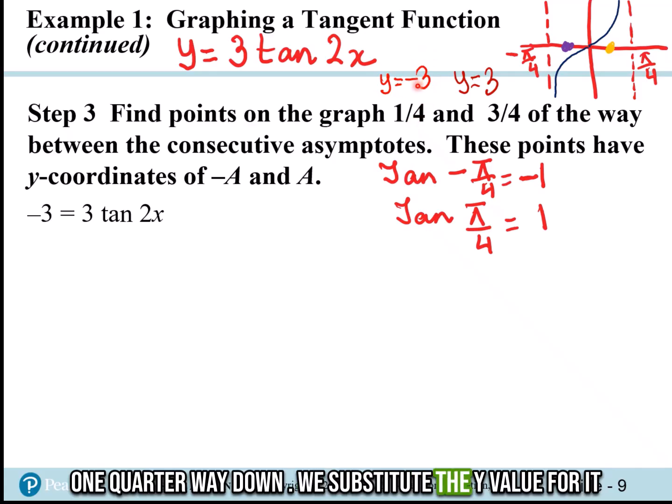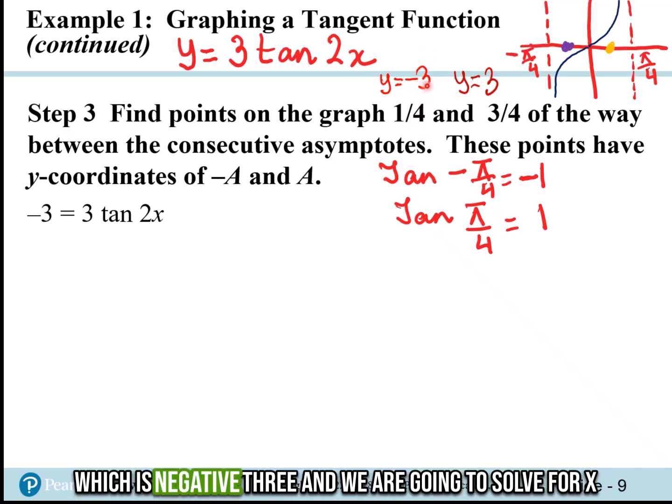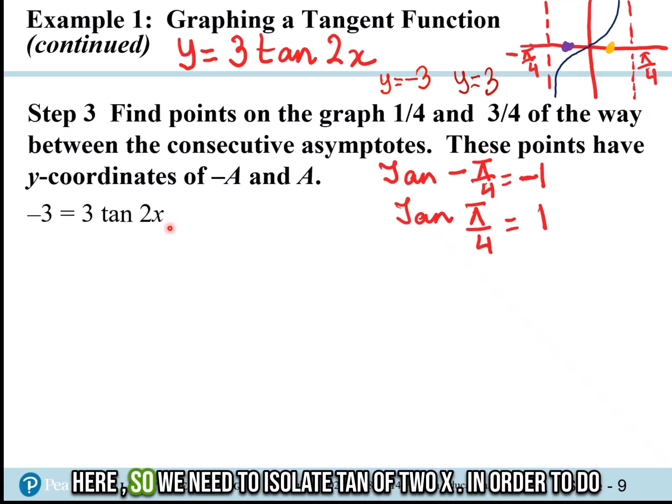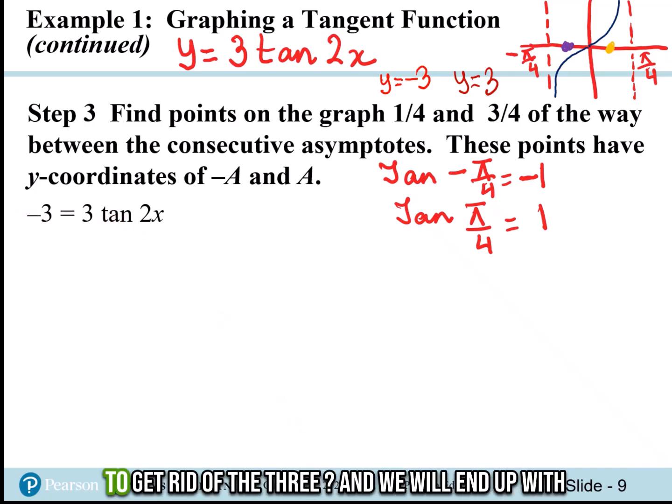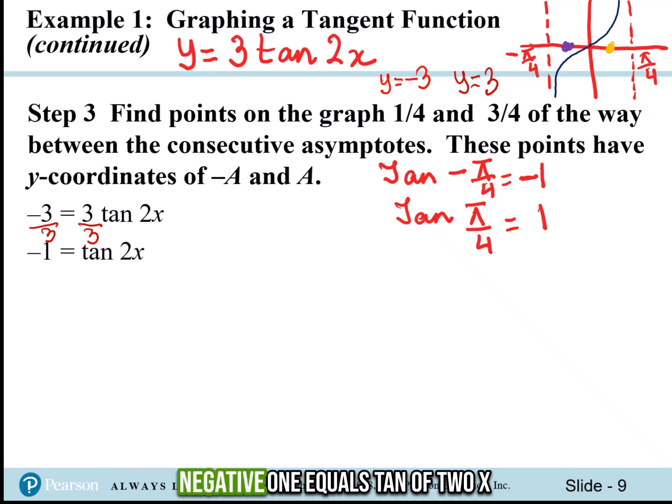We substitute the y value for it, which is -3, and we are going to solve for x here. So we need to isolate tan of 2x. In order to do that, we'll divide both sides by 3 to get rid of the 3, and we will end up with -1 equals tan of 2x.